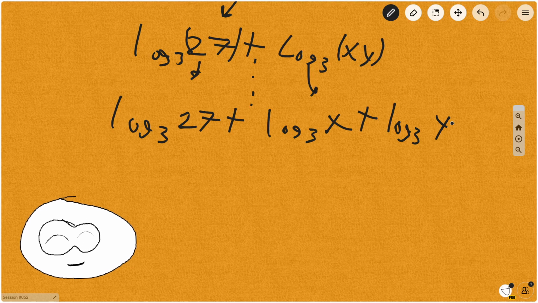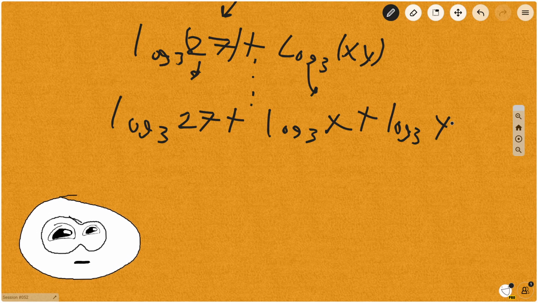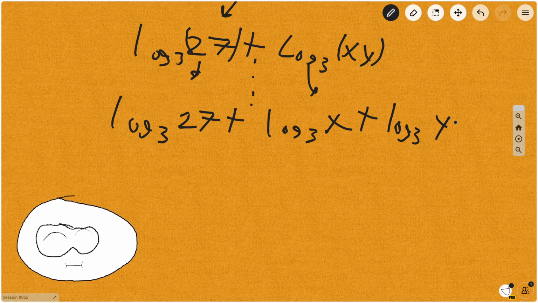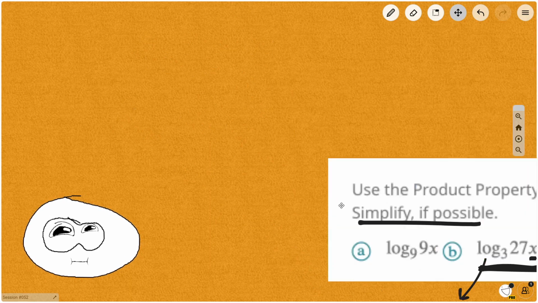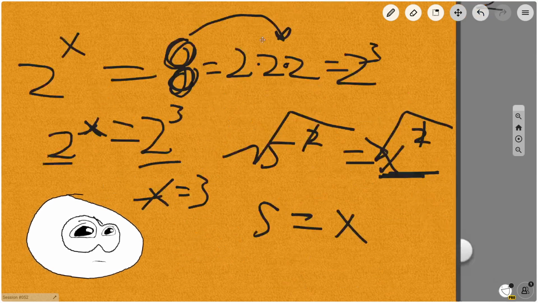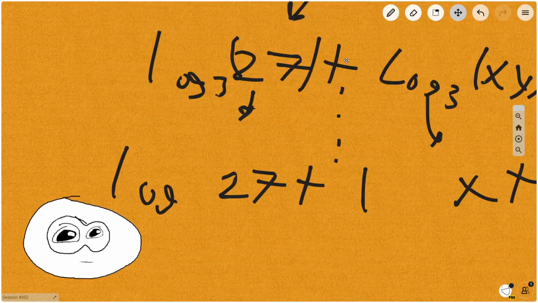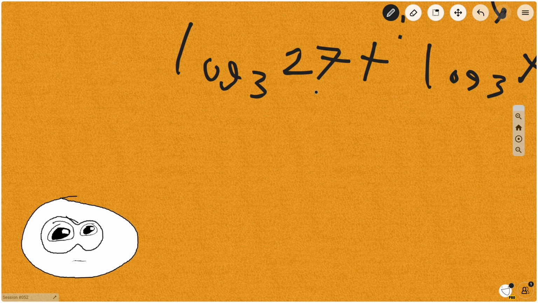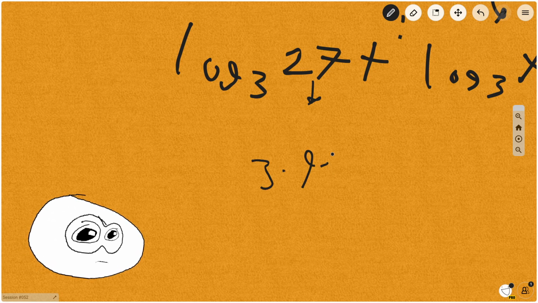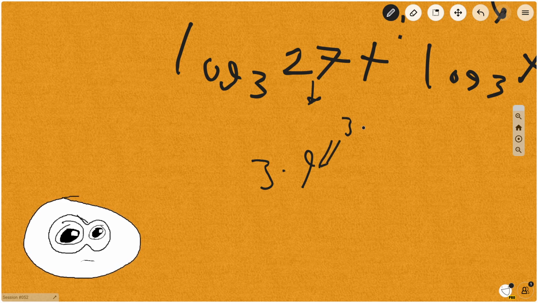It looks done, right? Looks pretty good. However, we could probably do a little bit more. If we go back to our rules, we could break this number up into little numbers. 27 also equals 3 times 9, and 9 also equals 3 times 3.